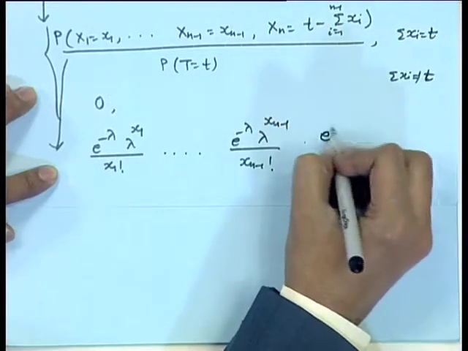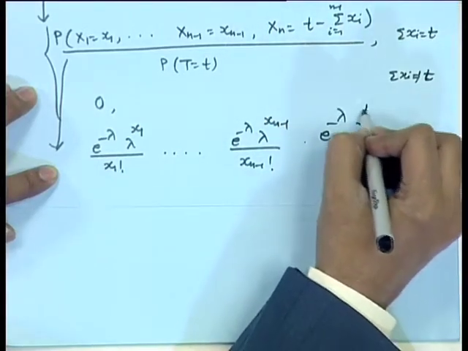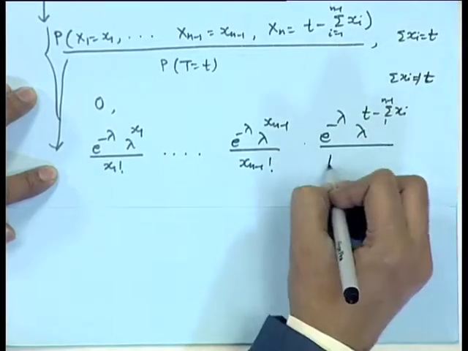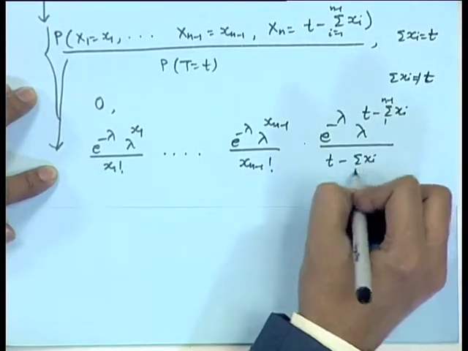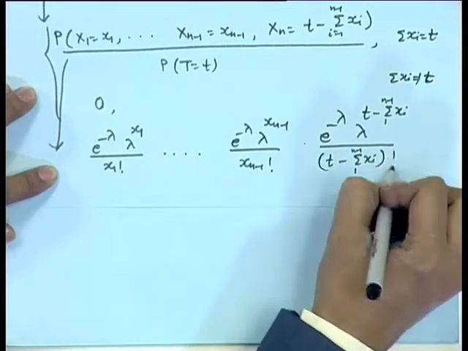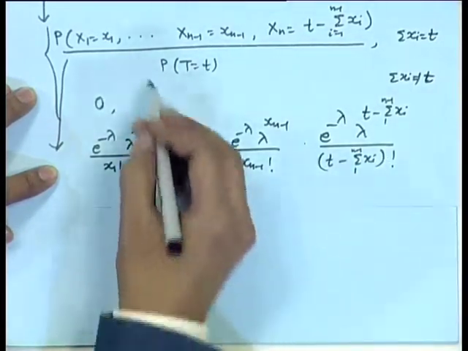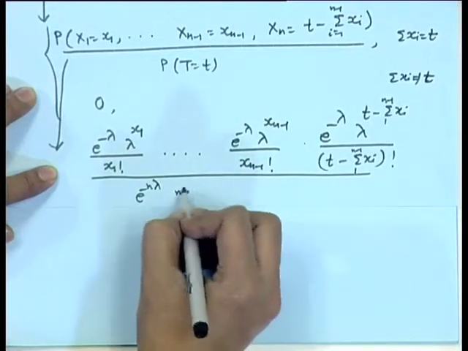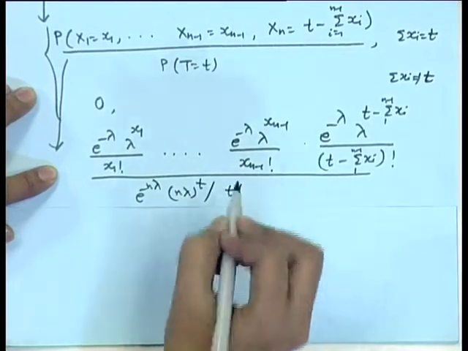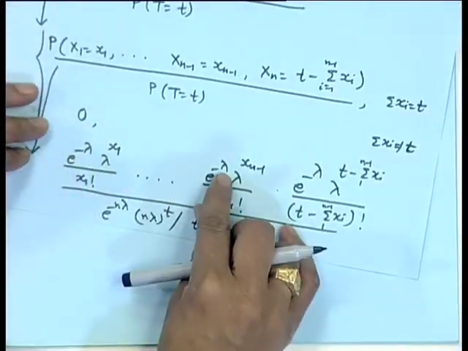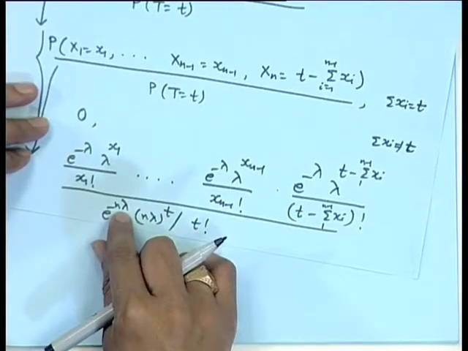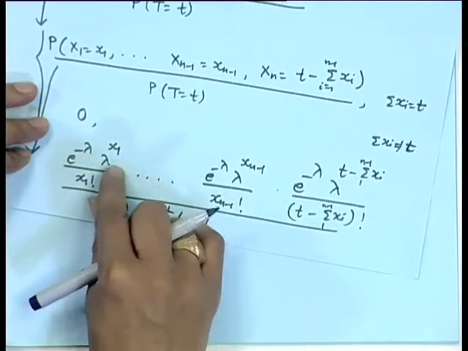And the last term will be e to the power minus lambda, lambda to the power t minus the sum of xi for i from 1 to n minus 1, divided by t minus the sum of xi for i from 1 to n minus 1, factorial, and divided by e to the power minus n lambda, lambda to the power t divided by t factorial. You can easily see that the e to the power minus lambda terms cancel out, because we have n terms here and in the denominator we have e to the power minus n lambda.